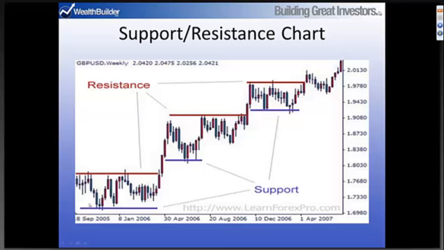So here you can see where support prevented the price from moving down, acted as a floor. Resistance was acting as a ceiling, and then price eventually broke through and new levels of support and resistance were formed. Same thing happened here, and it broke through, and again new levels of support and resistance were formed.